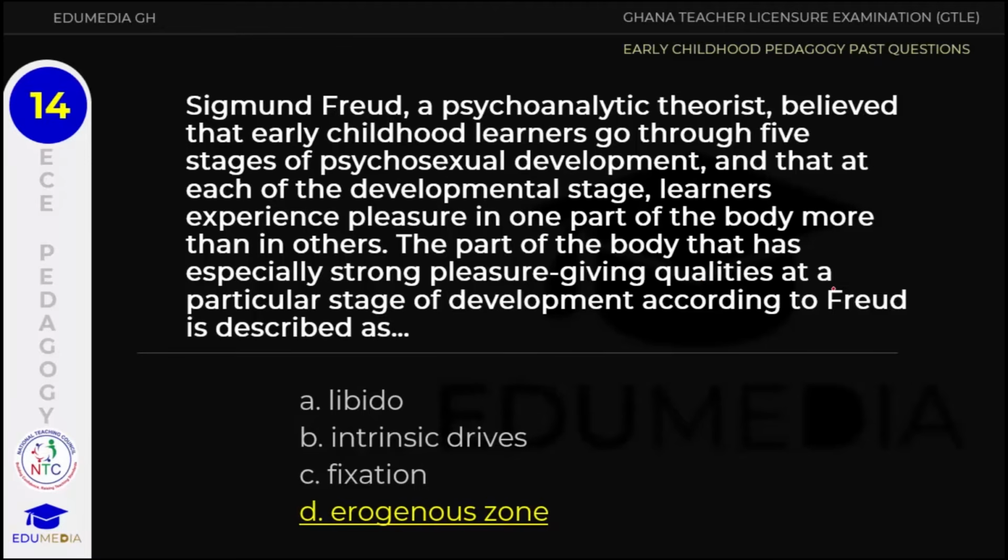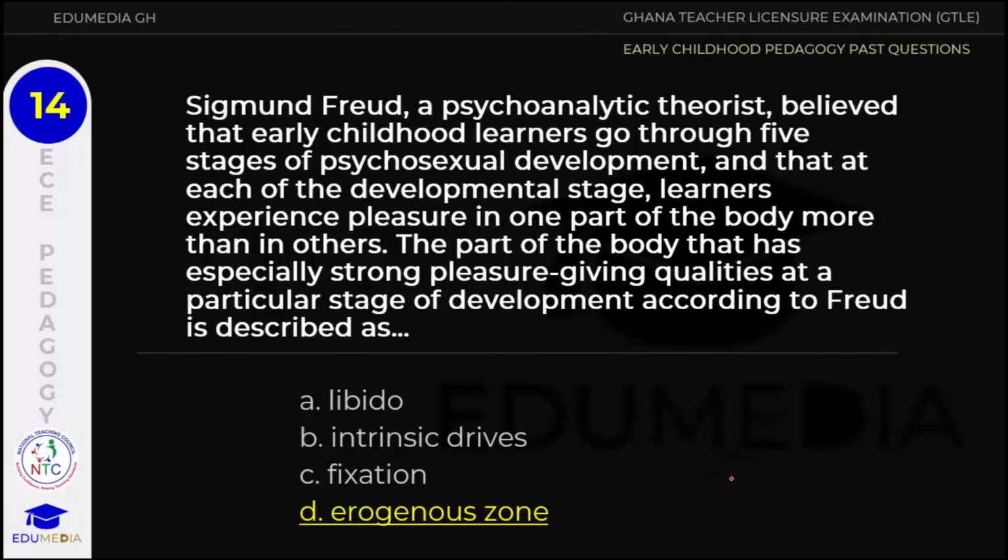That's the mouth, the anus, the genital region, the skin, and the eyes. So these are the 5 erogenous zones that Sigmund Freud identified.